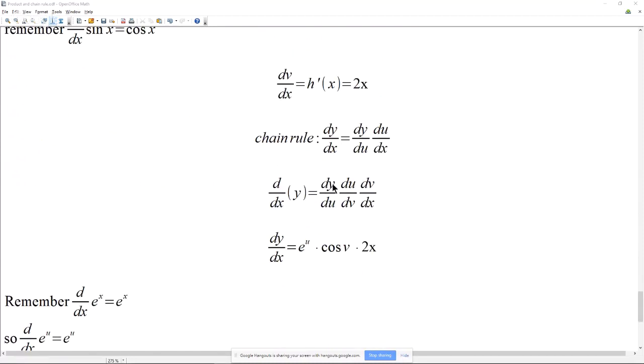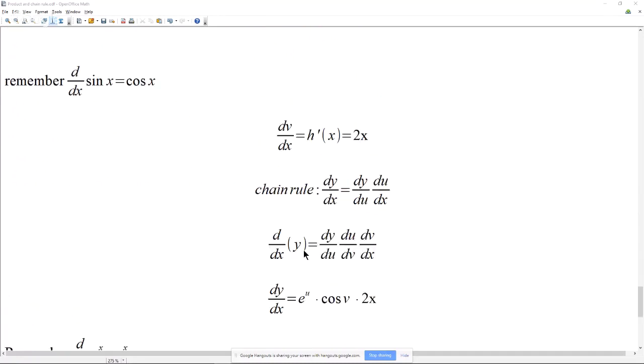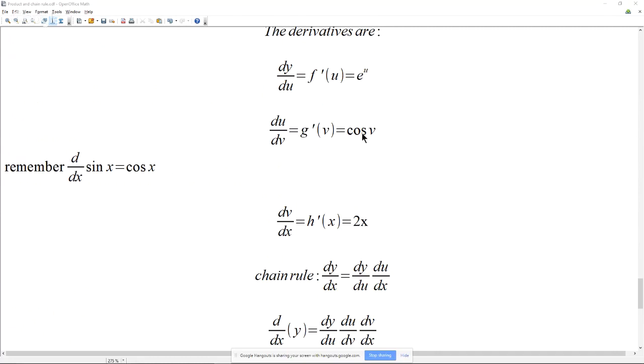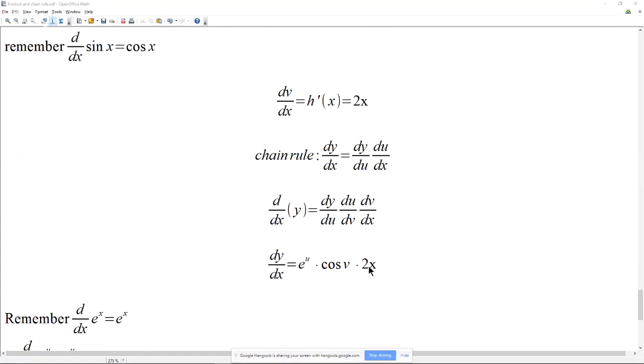Now, what is dy with respect to u? Well, it's e to the u, right? Basically, you're just taking these three derivatives and you just multiply them together. This one represents this one, this one represents this one, and this one represents this one. In other words, the derivative of e to the u with respect to u is e to the u.